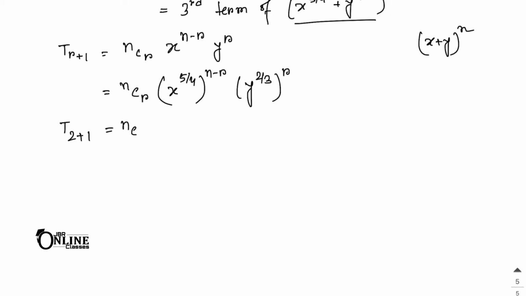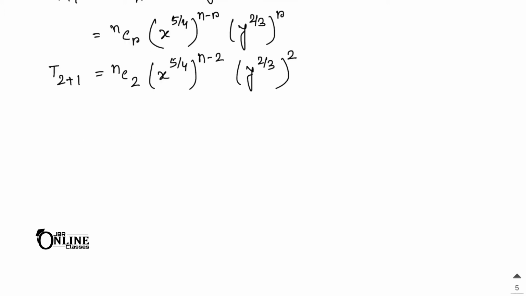So it will be x^(5/4) to the power n minus 2, and y^(2/3) whole to the power 2. So now the coefficient of this expansion will be nC2, and nC2 is equal to 91 because it's given. So that means n factorial by 2 factorial into n minus 2 factorial equals 91.